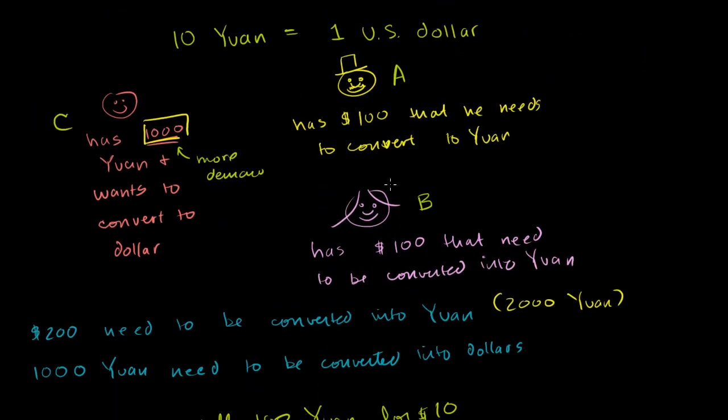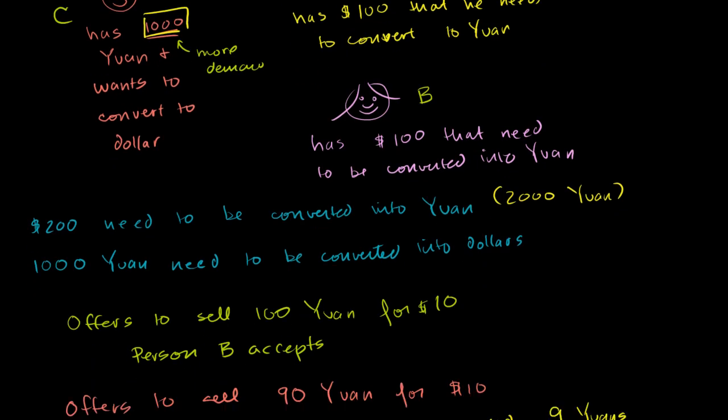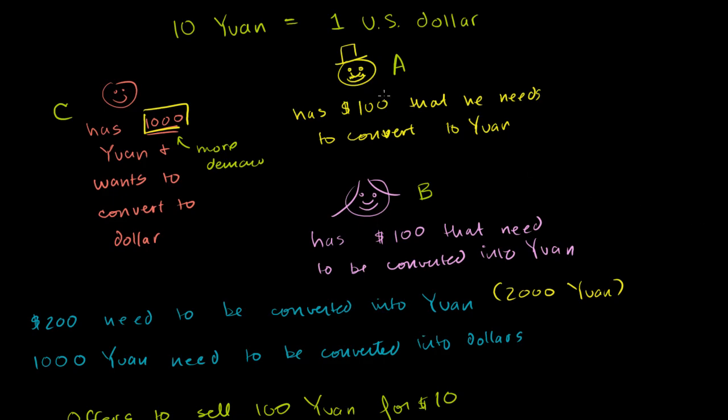And there's no mathematical formula to say what the clearing price is. It's dependent on how badly each of these people are willing to transact and really how good they are at gaming each other. But the general result here, and this is what I really want you to get from this video, is that there's no law in a market exchange rate mechanism that says this has to be the exchange rate. We'll explore how you can peg it in the future, but there's nothing that says that this has to always be the case.